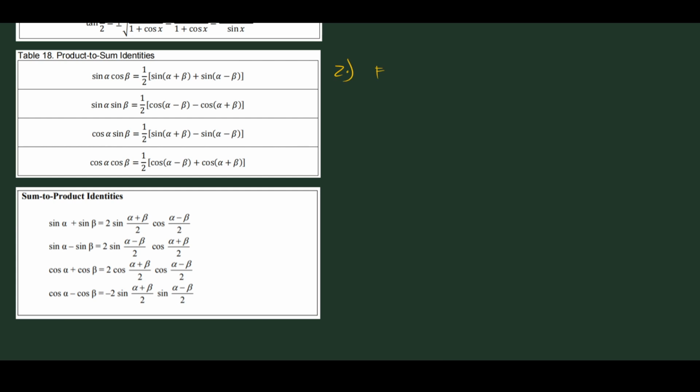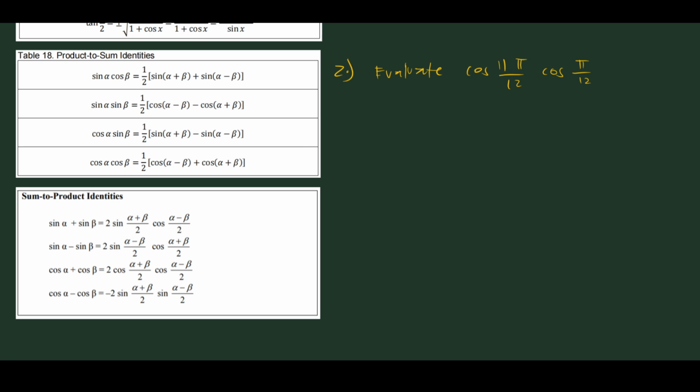So we have here: evaluate cosine 11 pi over 12, multiplied by cosine pi over 12. Okay, so this is cosine and cosine again.